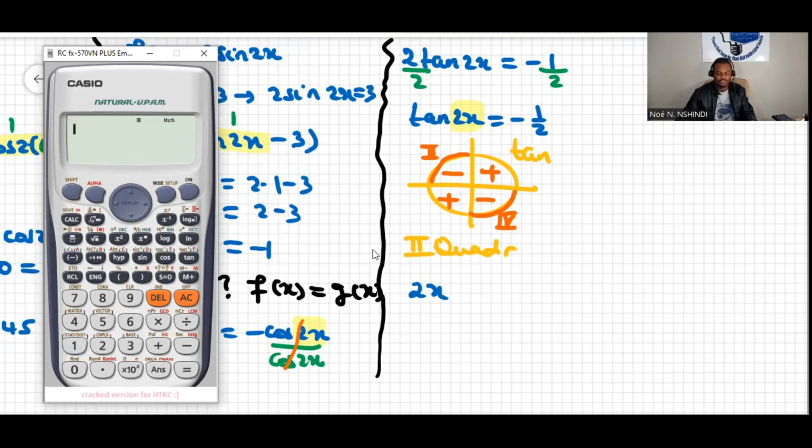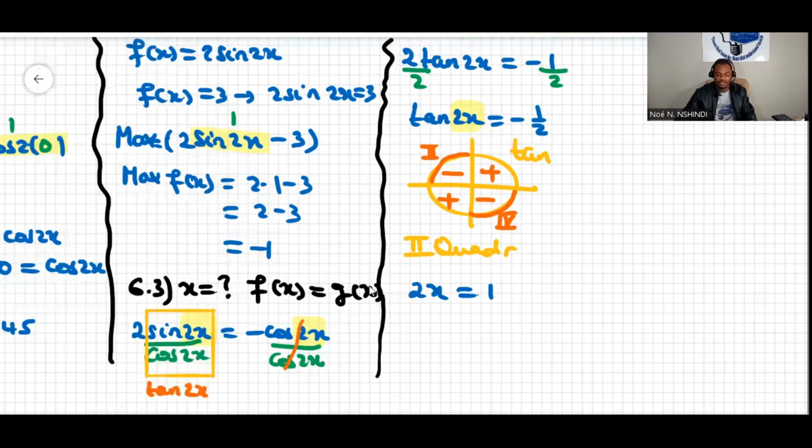And then 2x will be equal to, we're just going to press shift tan of negative a half. And this is equal to negative 26.565, etc. So when we get a negative answer like that, add 180 to it to get the actual angle. So the angle is 153.43 in the second quadrant, as you can notice.